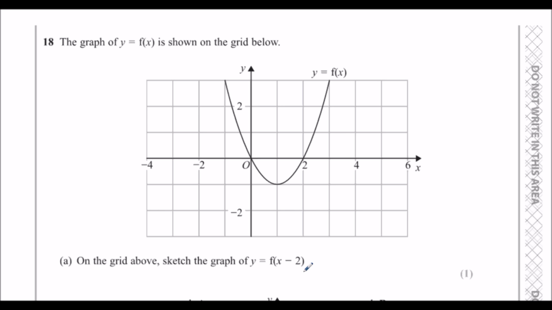So it's changing the x's. Inside the bracket changes the x's and does the opposite. So it's saying minus 2, so we need to plus 2 to all the x coordinates. So if we plus 2 on to all the x coordinates, we should get a graph that's shaped like this.